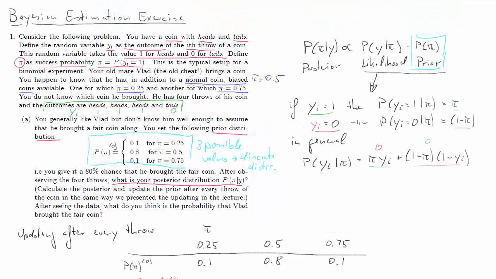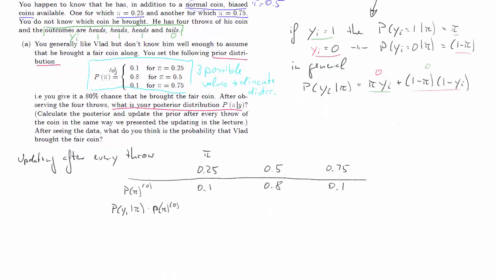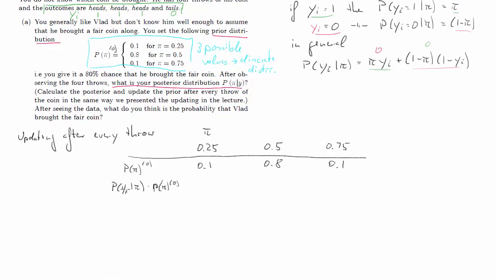And what we need to get our posterior is we multiply that with the prior distribution. Okay, so the likelihood times the prior. So that's what we're going to write into the next row of our table. And we use the information from our first throw of the coin. So our first information is we have a heads, so yi is equal to 1.